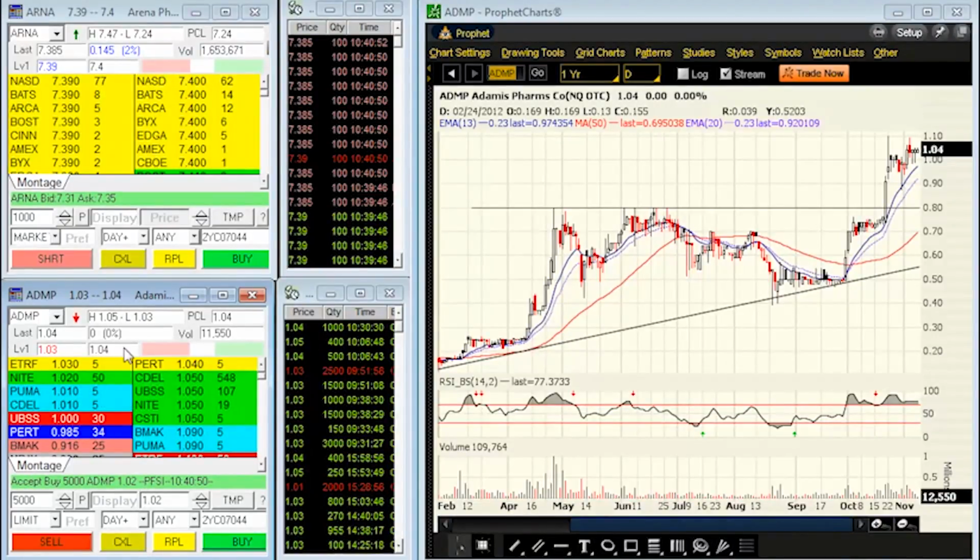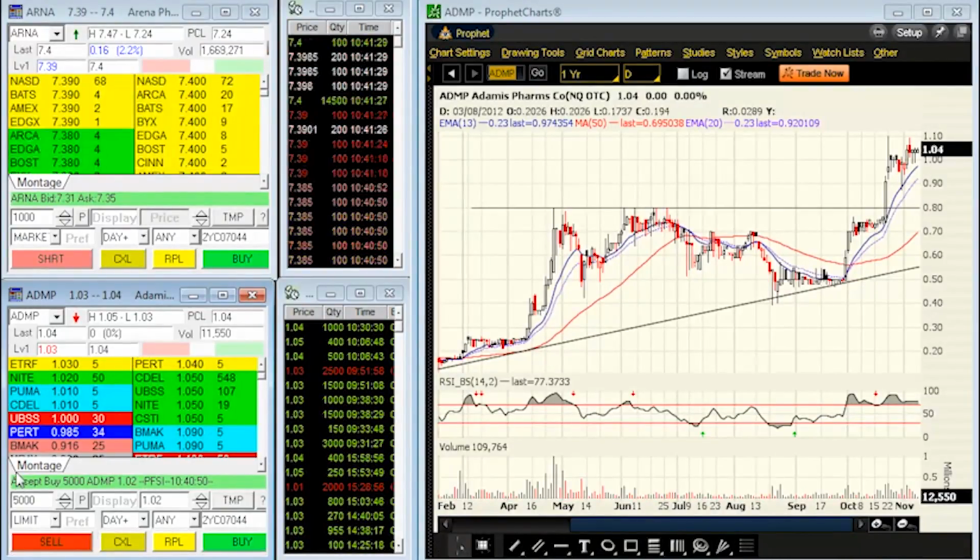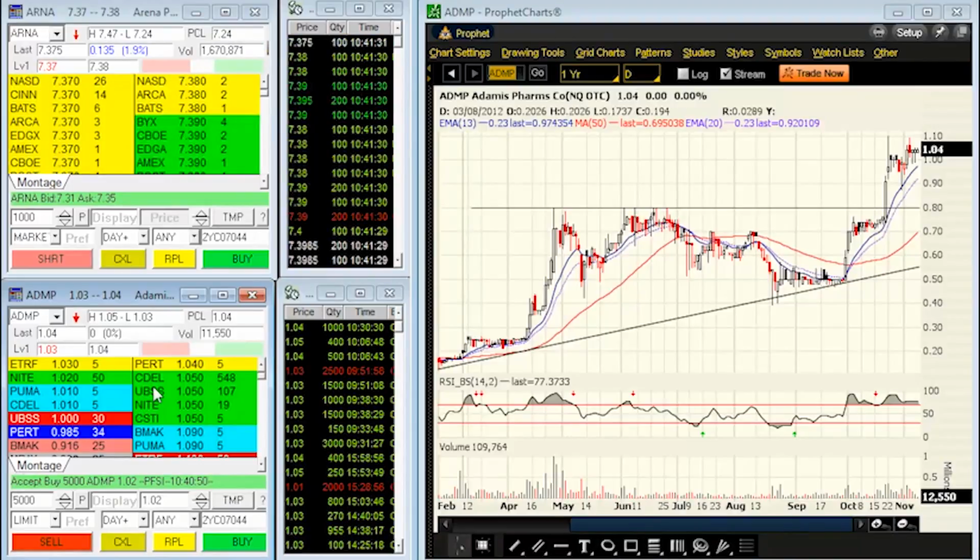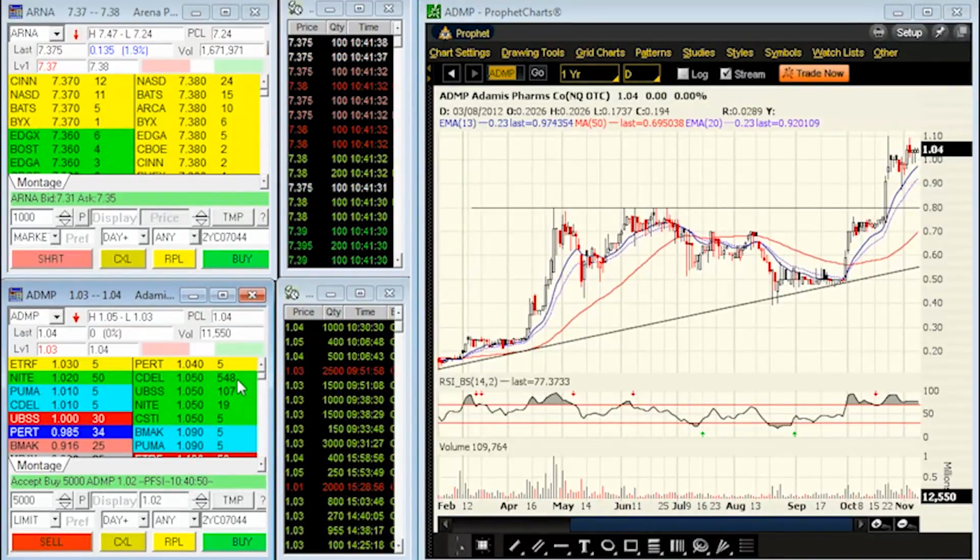Level 2 is all about supply and demand. As you can see here on ADMP, there's a lot of supply. These are sellers. There are people sitting here with a lot of shares that they want to get rid of at 1.05. So it's going to take a lot of buyers.